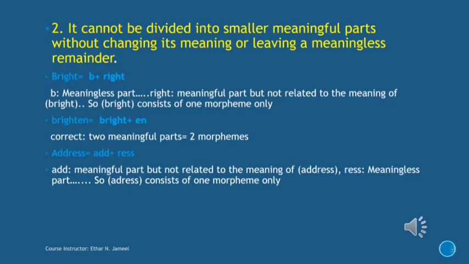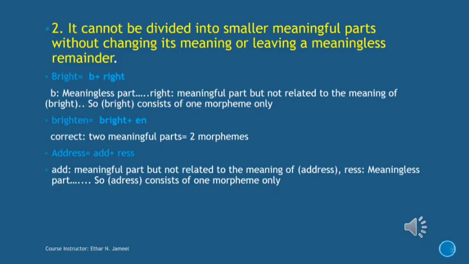The second criterion according to which a morpheme can be identified is that a morpheme cannot be divided into smaller meaningful parts without changing its meaning or leaving a meaningless part. Simply speaking, a morpheme cannot be divided in two parts.